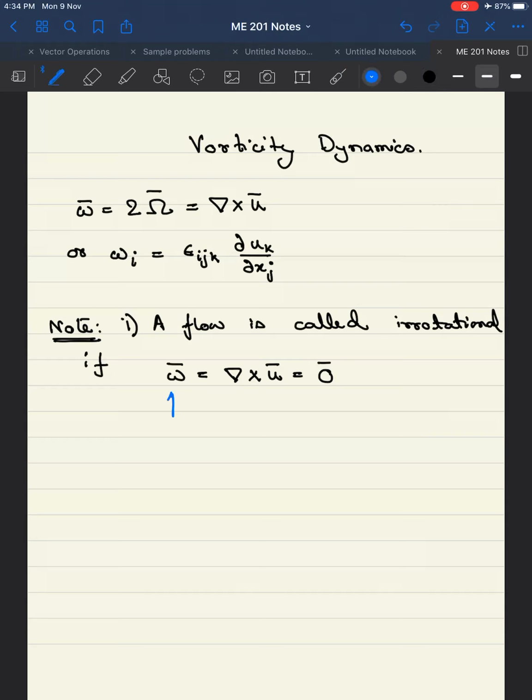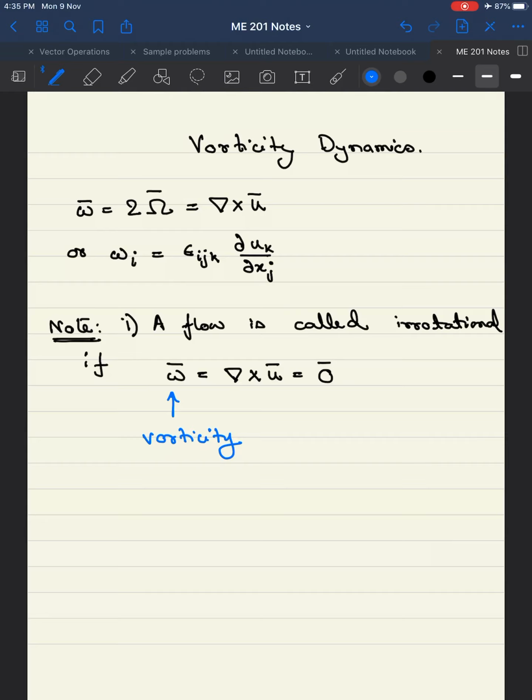So if the vorticity is 0 everywhere, your flow is irrotational, which is basically the analogous idea in the velocity context of a stationary fluid. A stationary fluid is a fluid where u is equal to 0 everywhere. Just like that, an irrotational flow is one where the omega vector is 0 everywhere.